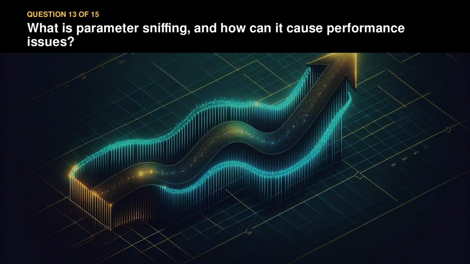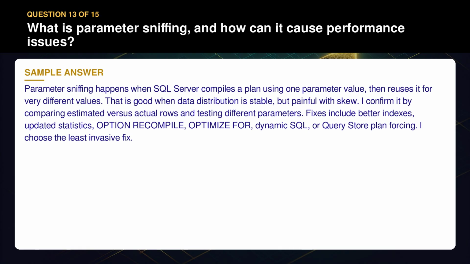Question 13. What is parameter sniffing, and how can it cause performance issues? Parameter sniffing happens when SQL Server compiles a plan using one parameter value, then reuses it for very different values. That is good when data distribution is stable, but painful with skew. I confirm it by comparing estimated versus actual rows and testing different parameters.